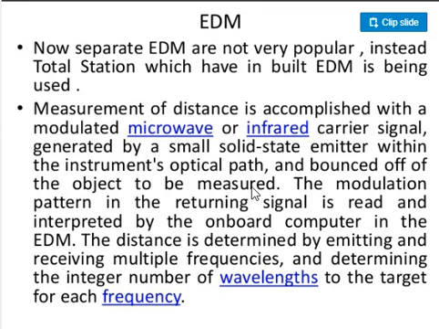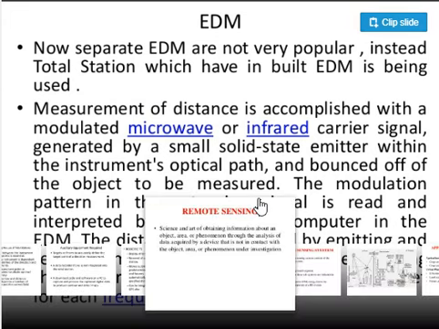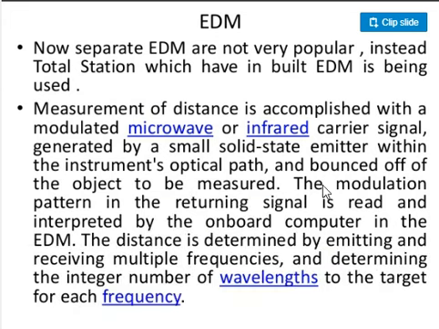So the speed of light is multiplied with the time taken by the wave to travel from A to B. This is basically the working principle of EDM. Some instruments use microwave, some use infrared wave. Basically it is the same: you have a receiver and a source, and the distance is calculated.